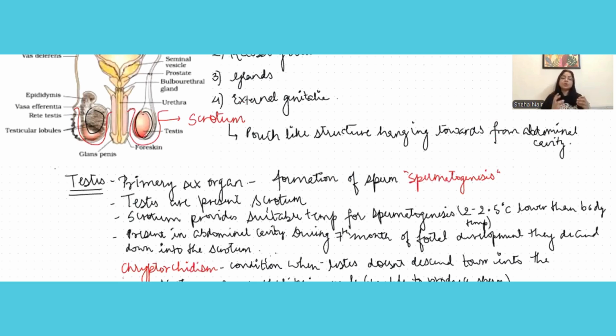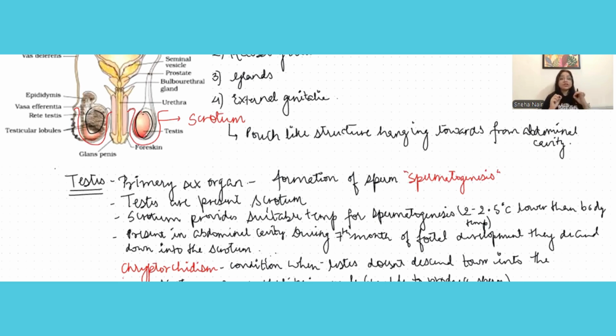Then we have also discussed that the testes are covered by a tough layer called tunica albuginea, which moves inwards and divides the testes into various compartments. These compartments are called testicular lobules, and in each testicular lobule, one, two, three highly coiled tubules are present called seminiferous tubules.